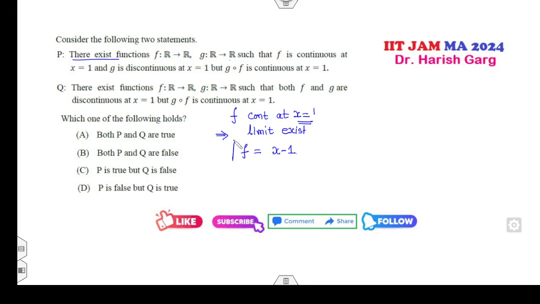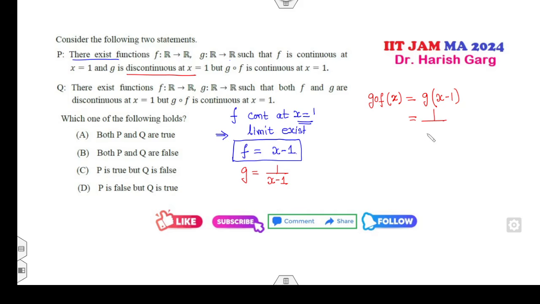You can see the function limit exists at x is equal to 1. G is discontinuous at 1. That means the limit does not exist at x minus 1. Fine. Then G circle F. So can you find if it is continuous at 1? So I can check. It will be G of f x. F x is my x minus 1.